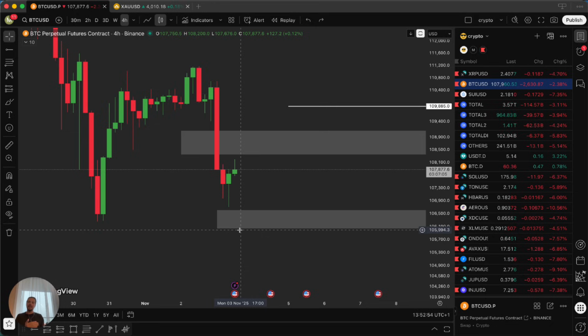This can work as a benefit, because it can give you a bit of additional confidence that the price may not actually break way below this area. It could spike a little bit below the area just for additional orders, but it shouldn't sustain itself way lower, okay?